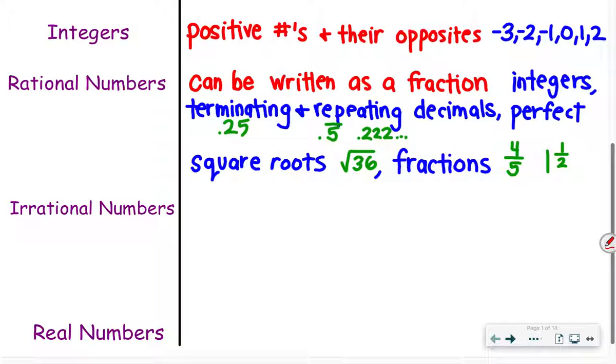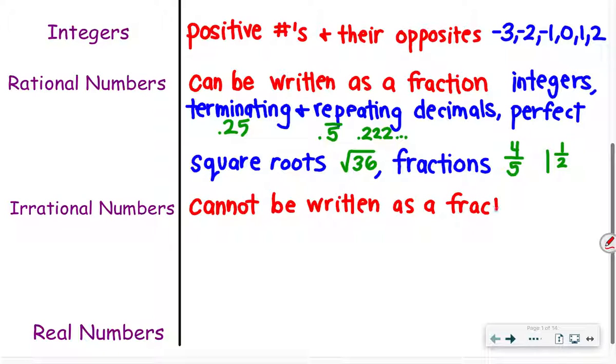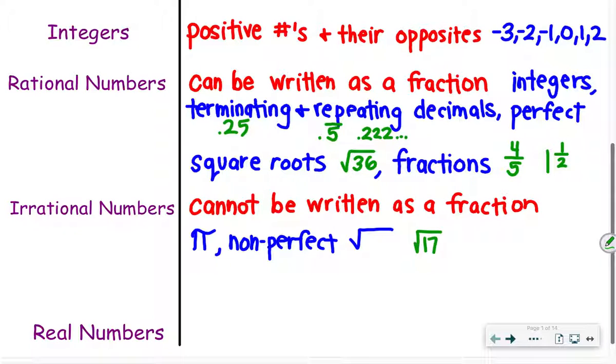Irrational numbers are the opposite of rational, where they cannot be written as a fraction. The most common irrational is pi. It's also non-perfect square roots. So I'll do like this, square root of 17, for example.